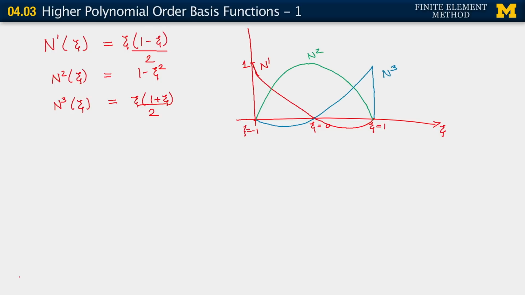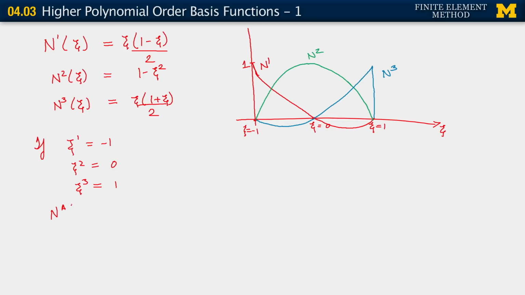Something to note about them is the following. If we denote C1 equals minus 1, C2 equals 0, and C3 equals 1 to be the actual values of C at the three nodes in this parent domain, what you observe is that the Kronecker delta property holds.